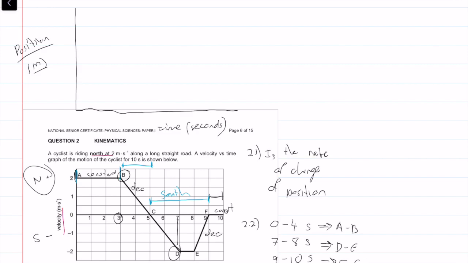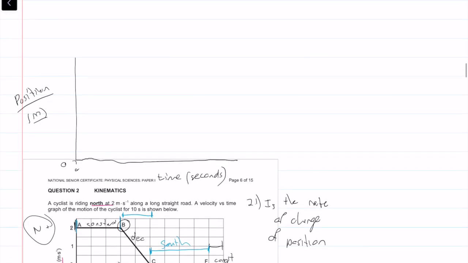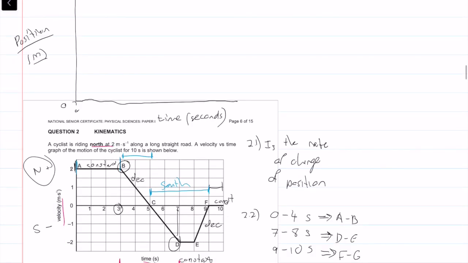Okay, and you guys do need to put these axes in. 0, 0, you need to put that in as well, and potentially even a heading such as position versus time graph for first 10 seconds or something like that. Okay, so we start at 0, 0.